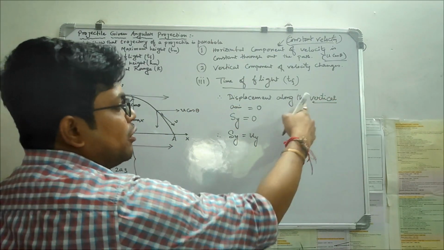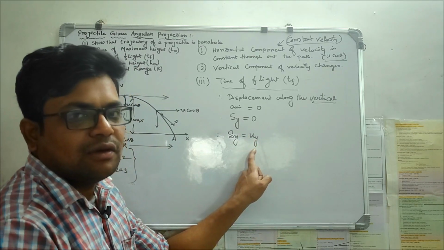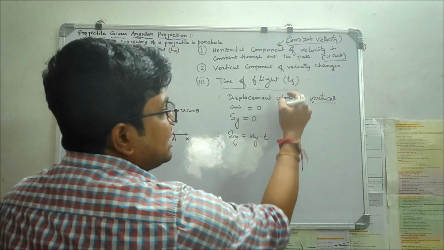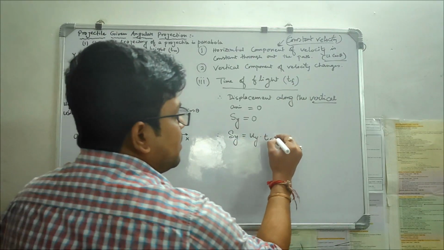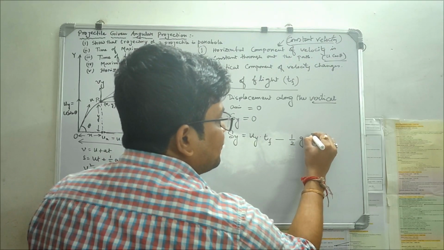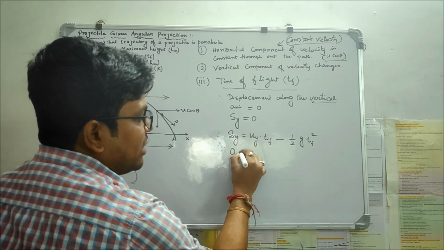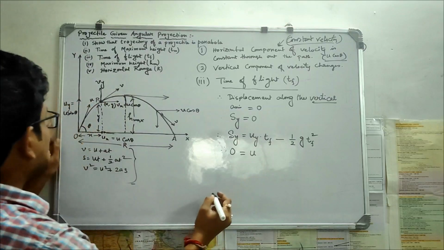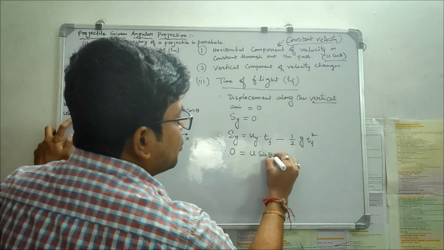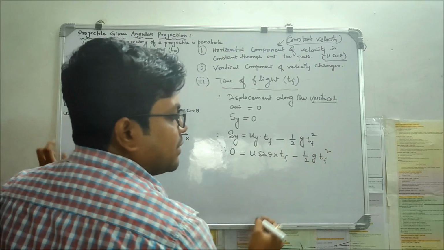Whenever you are taking the vertical component, you have to take the vertical component of velocity also. Don't take U_x, only U_y here. So U into T, the total time of flight TF, minus half G T square, meaning TF square, right? As the displacement is 0, put 0 here. So 0 equals U_y. Achha, what is U_y? U sin theta. So write down U sin theta into TF minus half G TF square.